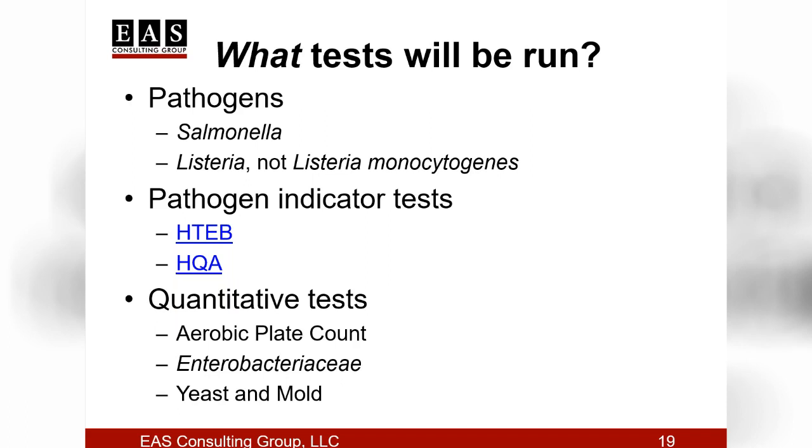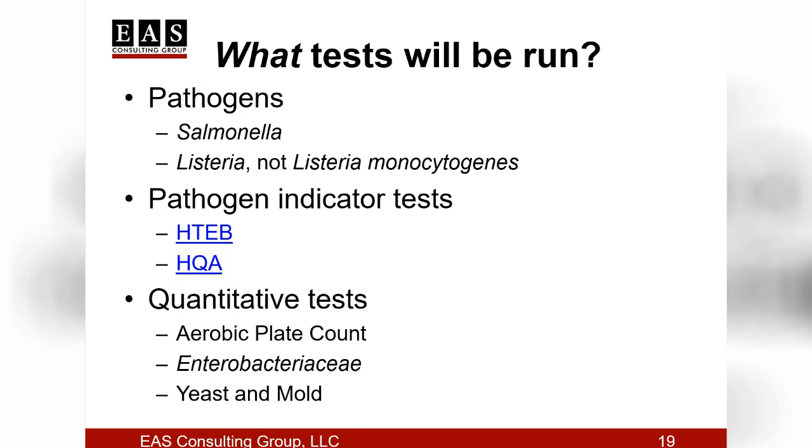Now, of course, the FDA has the thought that if the Listeria test is positive, they want you to take action as if it is Listeria monocytogenes. And that would be from a food contact surface. And your corrective action will follow up appropriately on that, depending on what surface it is.